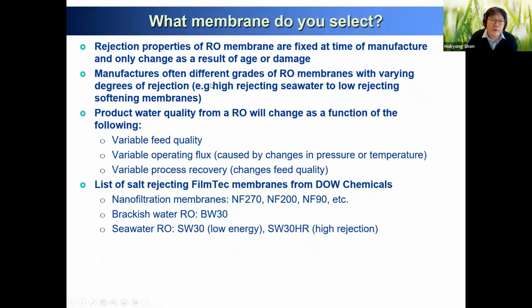You can also discuss with the manufacturer to select a different membrane. Product water quality from RO will change as a function of the feed quality, operating flux, and process recovery. The list of salt-rejecting FilmTec membranes from Dow Chemical includes nanofiltration, brackish water, seawater SW, low energy, and SWH high rejection membranes.